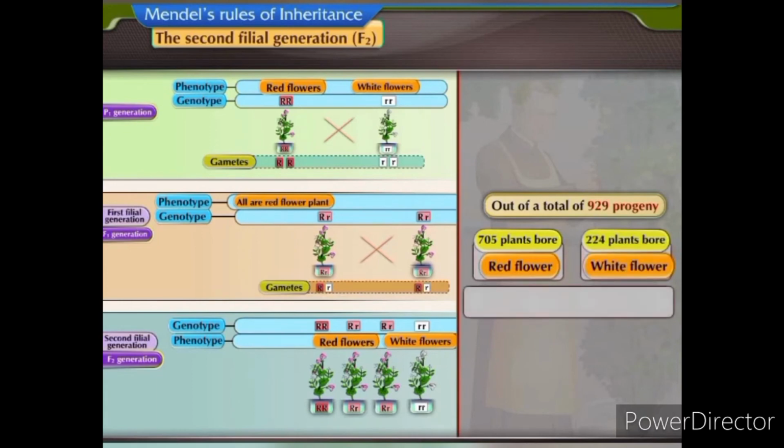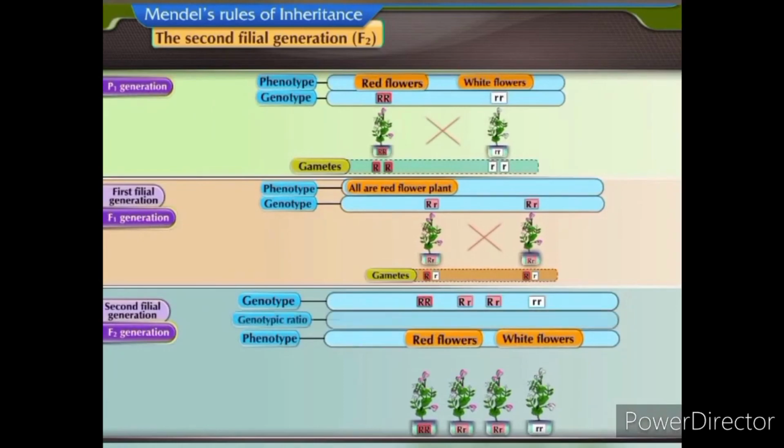If we calculate the ratio of the same, it is approximately 3 parts red is to 1 part white, or simply 3:1. When we calculate the genotypic ratio, it is 1 capital R capital R is to 2 capital R small r is to 1 small r small r.